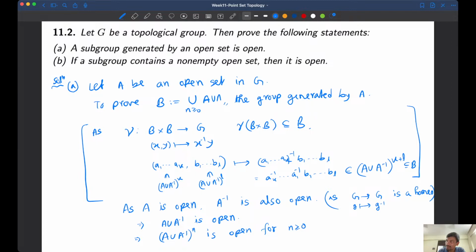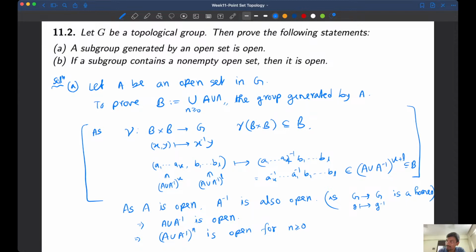No, that is not a homeomorphism. G cross G to G is not a homeomorphism. Like simply, you are saying R cross R is a group, so R cross R is homeomorphic to R. That is not true, right?